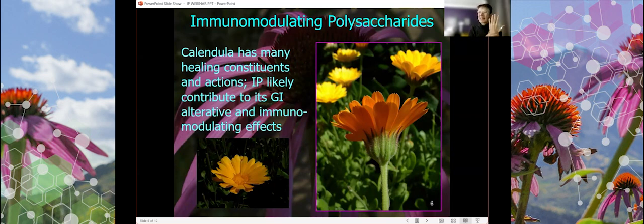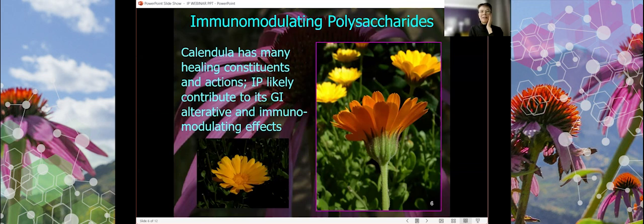We think of it first for the skin, right? That's what it's famous for, but the inner skin that lines the digestive system and all the rest of the tubes responds really, really well to calendula infusion. So we know a lot about how IP affect the gut now, and how they communicate with the immune system in the gut.